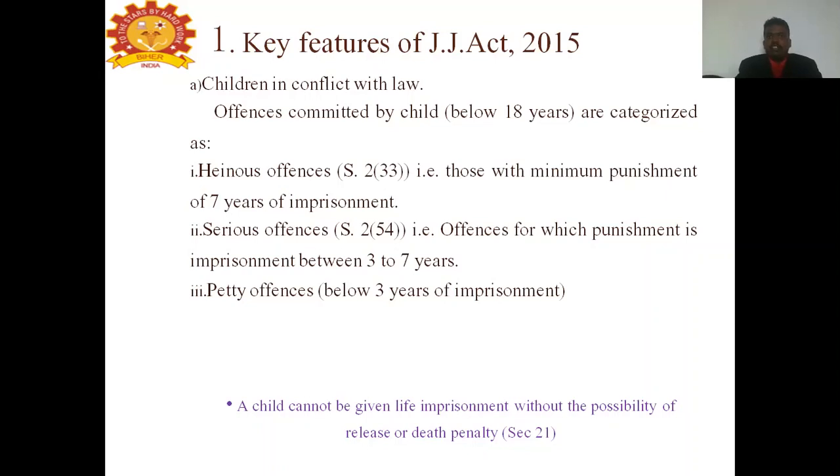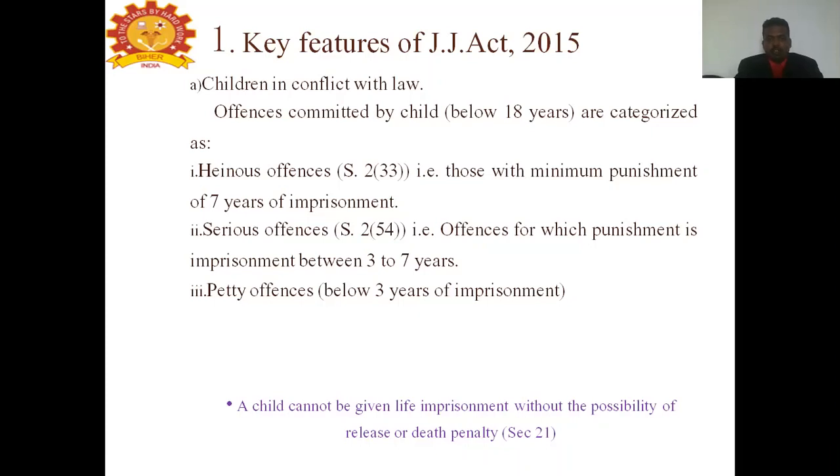The offences committed by a child below 18 years are categorized as heinous offence, serious offence and petty offence. What is a crime? Crime is rule breaking. So this session clearly tells about a child involved in crime, which is called a juvenile in conflict with law.